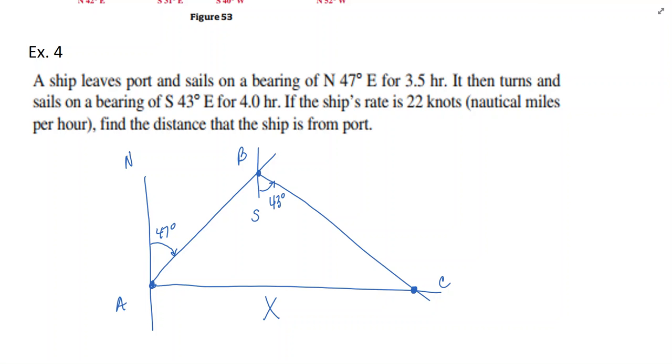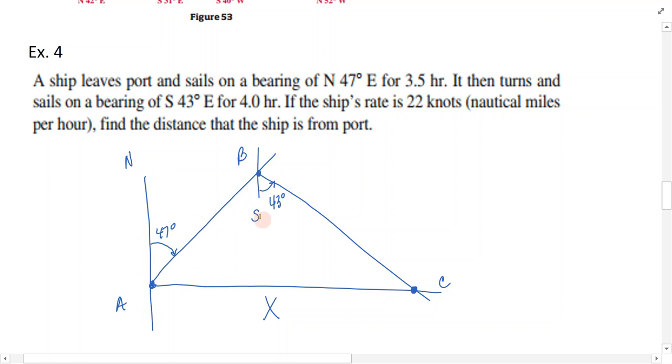Well, going back to a previous example that we talked about, we can use parallel lines again, the idea that if I have two parallel lines, here a north line and a south line. These two lines are both vertical and they would be parallel to each other. They are cut by this transversal, right?